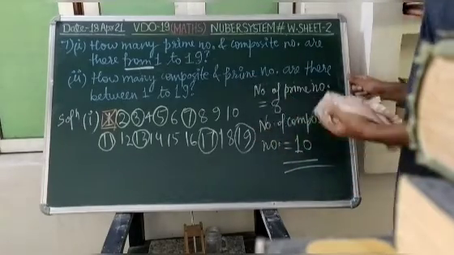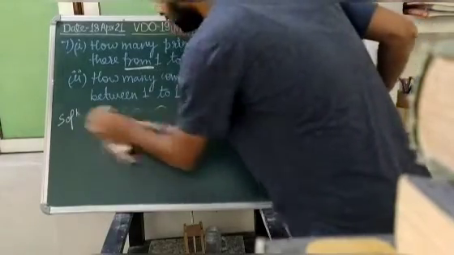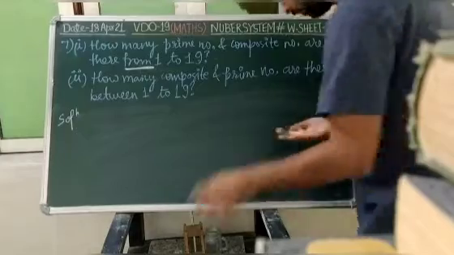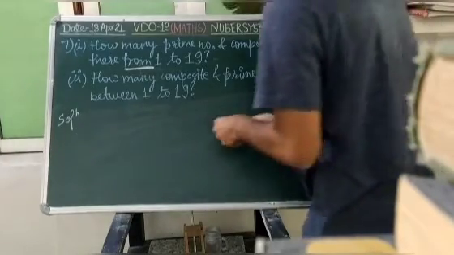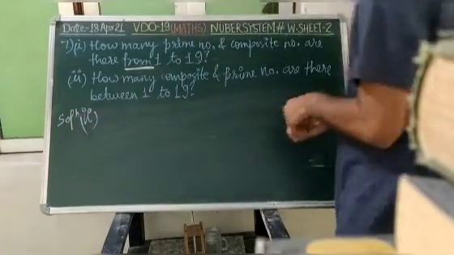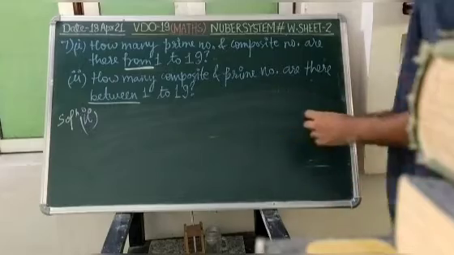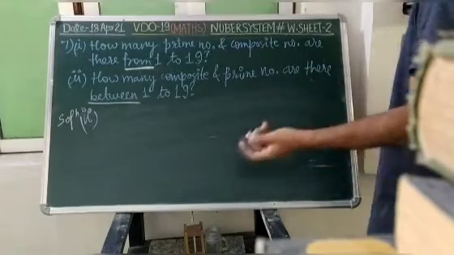So next, okay, this one was your first part. Next we shall move to the second part. Second part is here, and the numbers are between 1 and 19. So between 1 and 19, we will not select 1 and 19.